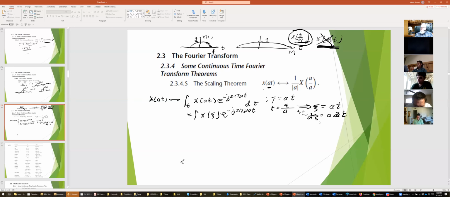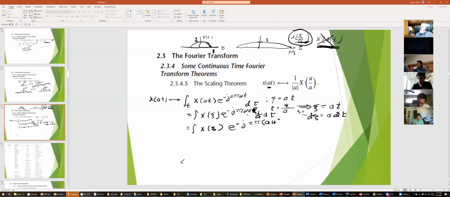Wait, am I doing that right? C is equal to AT. I got this wrong. This should be a C, and this should be DC. So dt is equal to 1 over A times dC. And so we're left with the integral of x of C times e to the minus j 2 pi u, but now we're going to lump the A with the u.